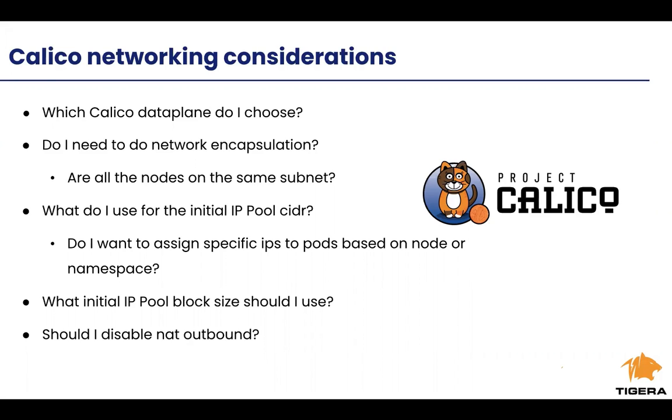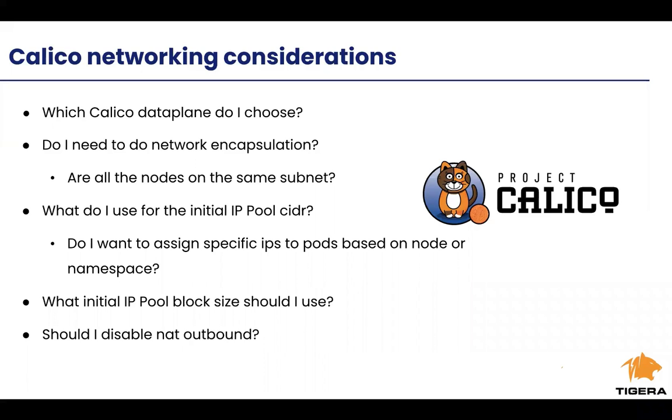One of the other settings for IP pool is NAT outbound. Should I disable NAT outbound? This is where you decide, is my cluster CIDR private or is it public? By default, if you have NAT outbound enabled, if you've chosen to have a private cluster, as traffic leaves the cluster, it's going to get source NATed to the IP address of the node that pod was on, and then it's going to leave the cluster and go off to wherever it's headed.